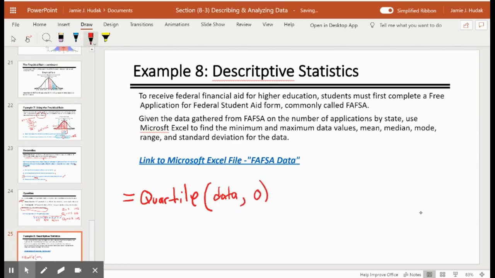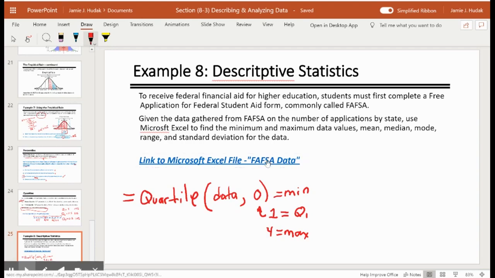If we put the number 0, this will be equal to the minimum. If we put the number 1, that'll be equal to Q1. The number 2 would be Q2. The number 3 would be quartile 3. And the number 4 would be the maximum. So we're going to use that quartile function in Microsoft Excel to accomplish finding these descriptive statistics.